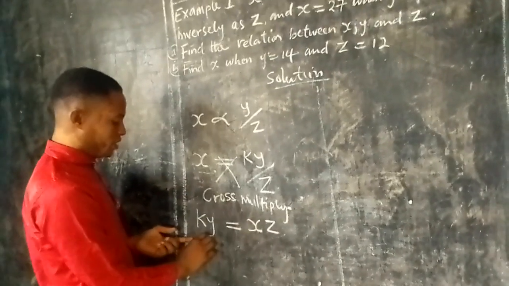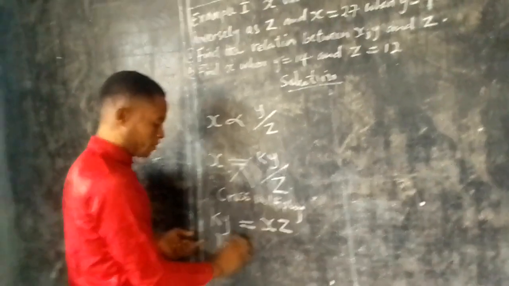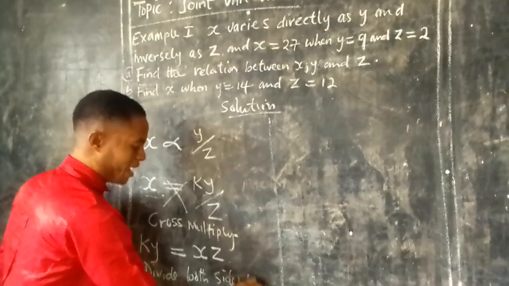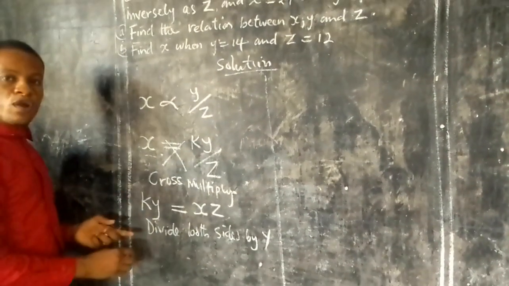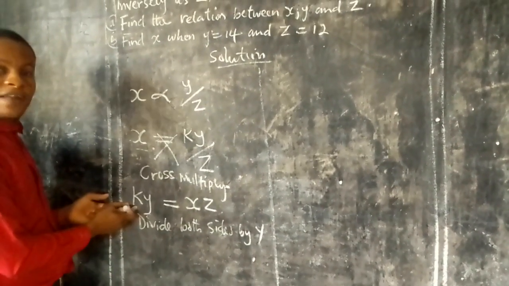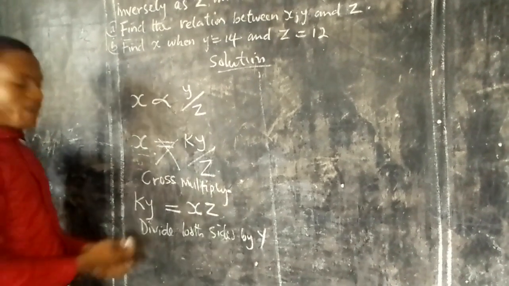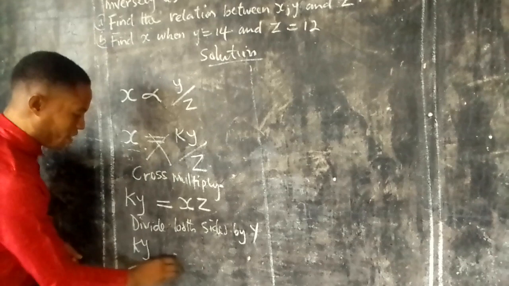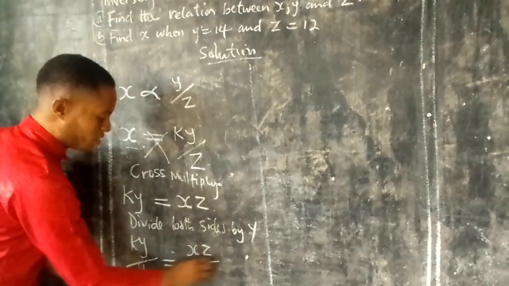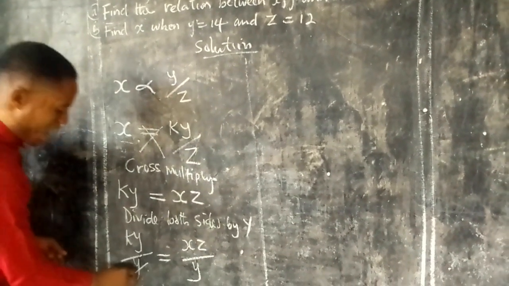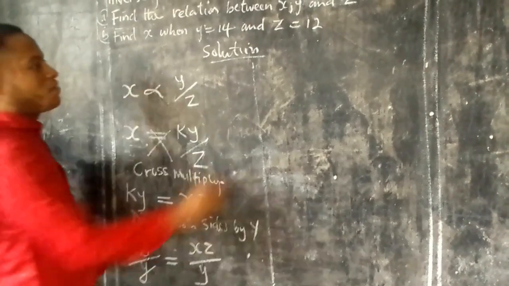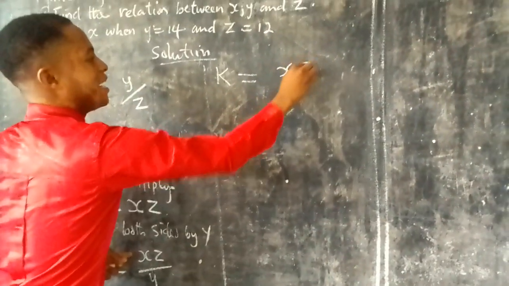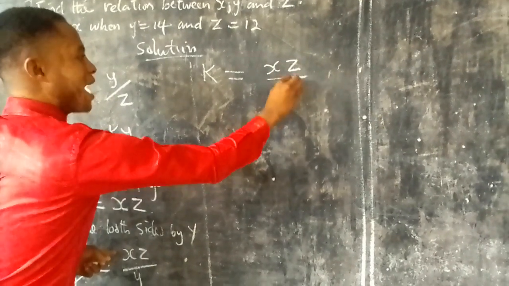This side divided by y and this side divided by y. We have ky divided by y equals xz divided by y. Y cancels y, and we have k equals xz over y.